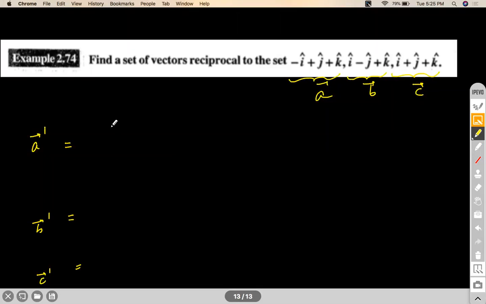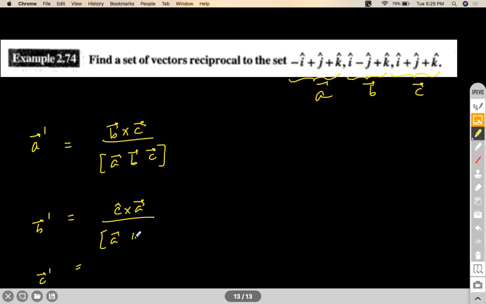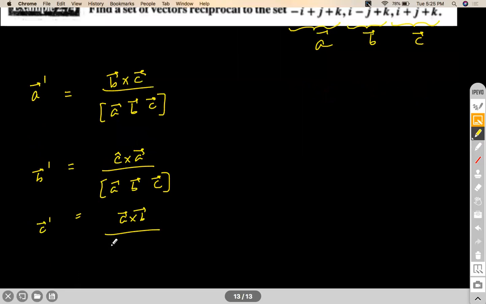So A dash would be B cross C by box ABC. B dash will be C cross A by box ABC. Now I'm sure many of you would be like, oh, I know how to find these out, so why waste time? Absolutely fine if you don't want to solve this, but you should be knowing about these expressions. So box ABC, you know how to find it out.